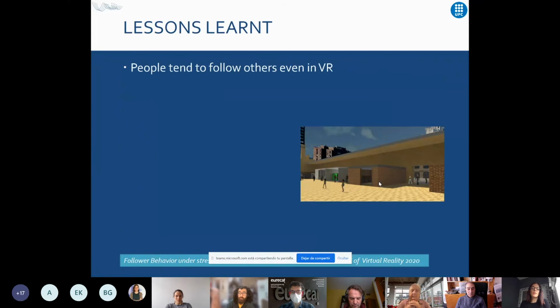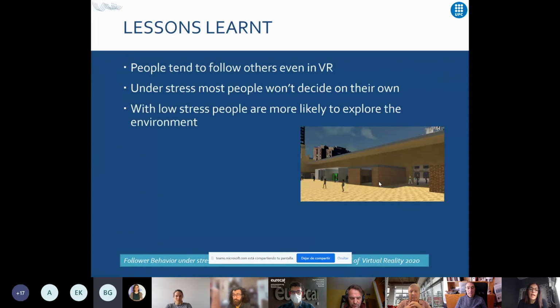What we learned from this experiment is, like I was saying, people do tend to follow others. Under stress, most people won't decide on their own. With low stress levels, people are most likely to explore the environment. And we believe the reason we didn't see more differences when we had fire included probably has to do with the expressiveness of the avatars.